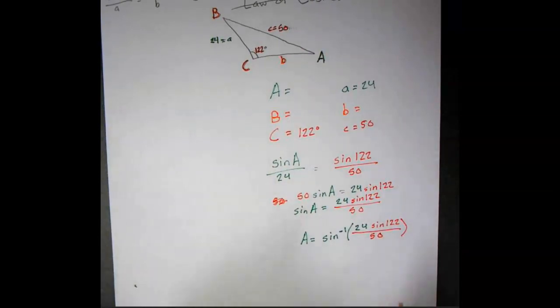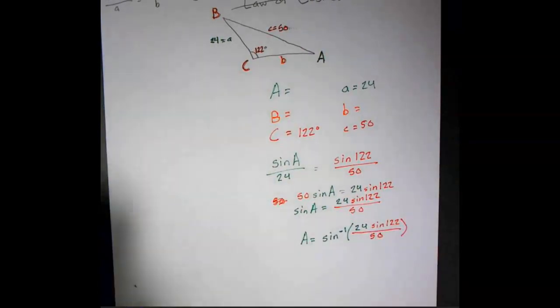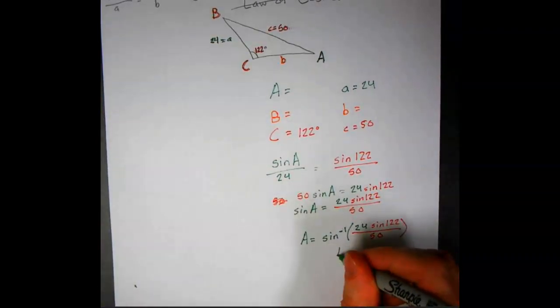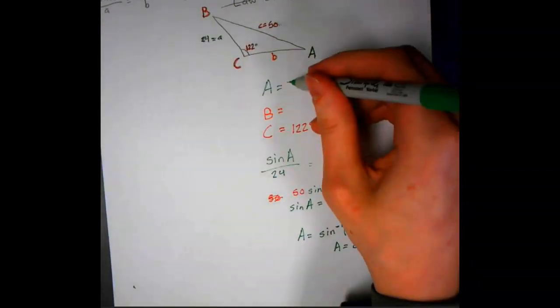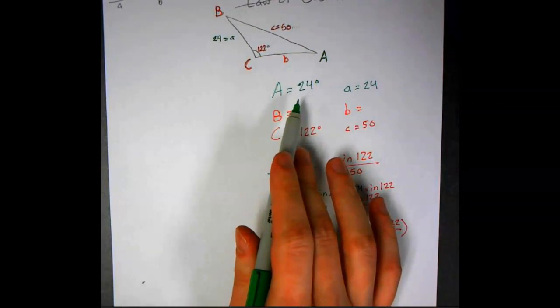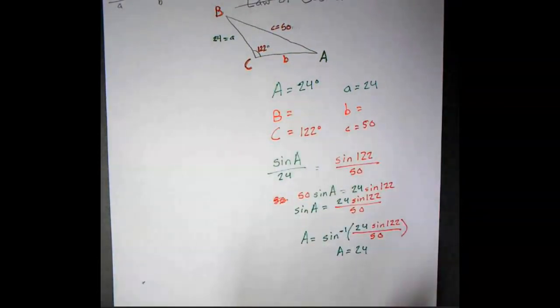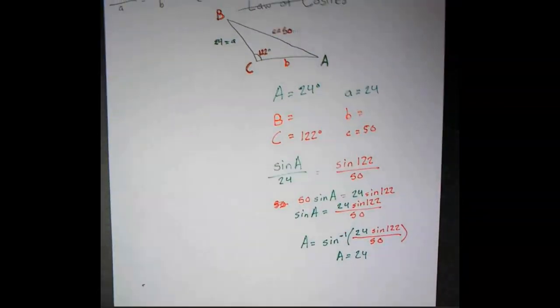And when we plug this into a calculator, it's going to spit out A equals 24, so 24 degrees. And it's just a coincidence that the 24 degrees and the side are 24. There's no other meaning for that.